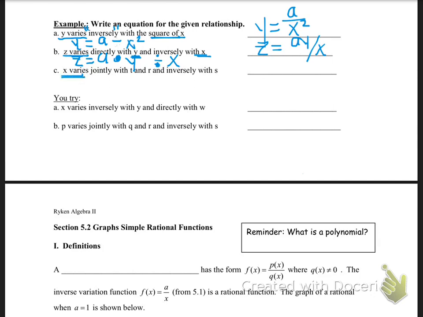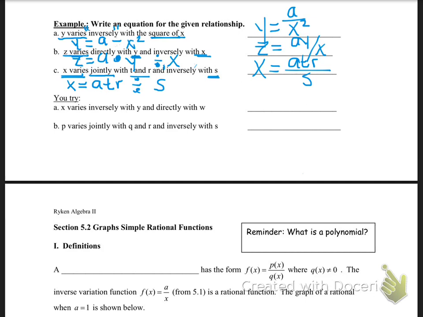In C, x varies. So x equals jointly. So I know that's going to be a, and then it's going to be times a couple of things this time, right? So this time it's times t r, and inversely, there's that word inversely again, which means divided by, and this time s. So how do I write this? x equals a t r over s.